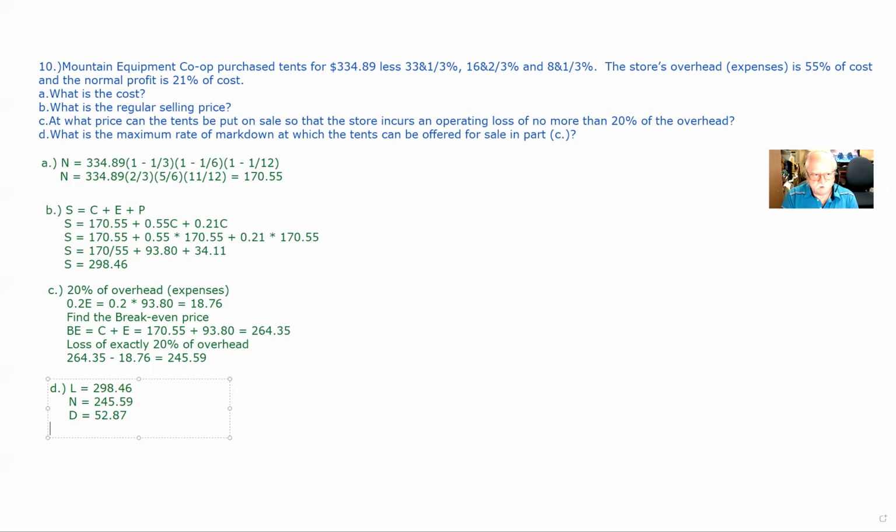And then we can calculate the rate of discount or the rate of markdown. They're the same thing as 52.87 divided by 298.46 times 100. And what do we get?